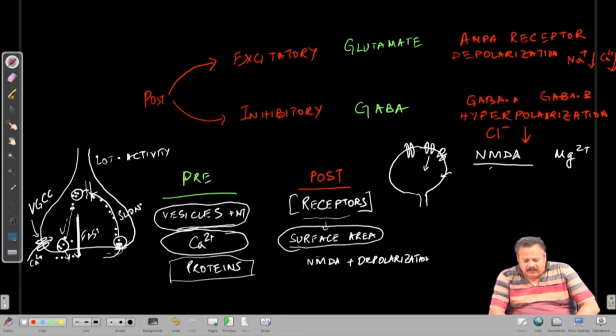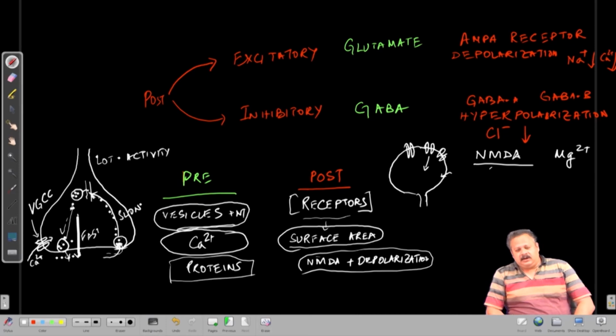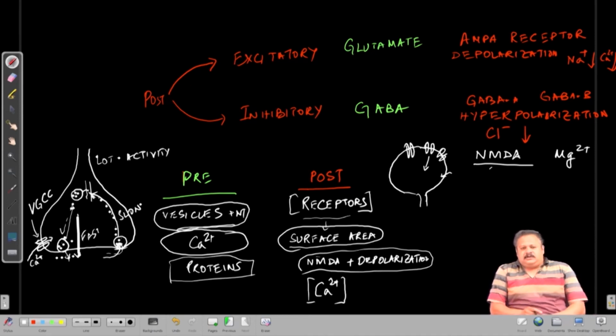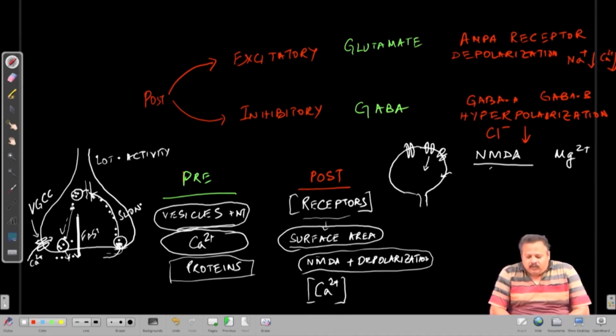Similarly, probably the most important factor in deciding synaptic strength is the concentration of calcium on the postsynaptic side, and this calcium concentration can go both ways in modifying the synaptic strength.